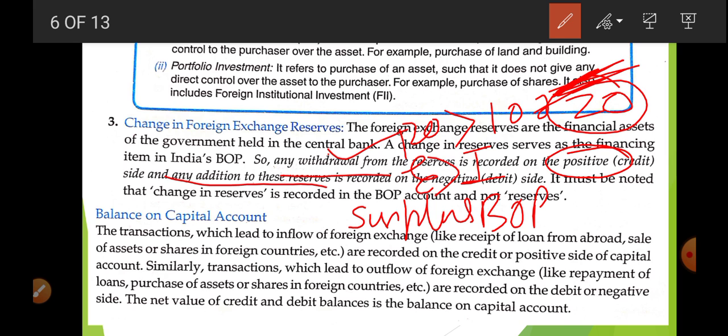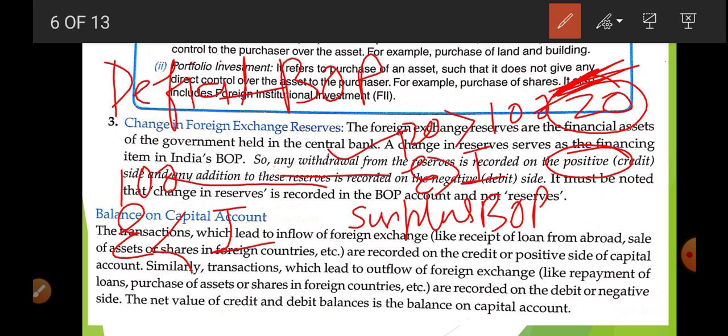Any addition is recorded on the negative side. Why? When there is a condition of deficit in BOP, it means that export is less than import. Suppose export is 100 crore and import is 120 crore. Now we have just 100 crore to pay, and we require 120 crore.